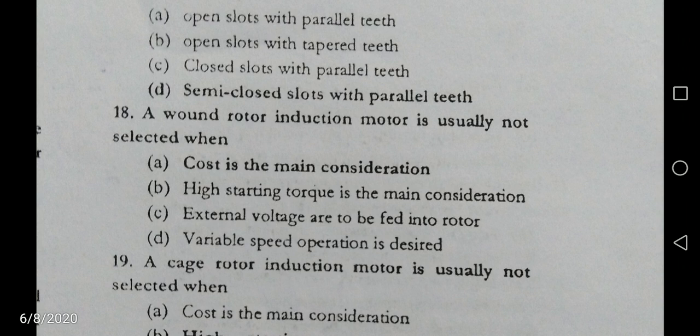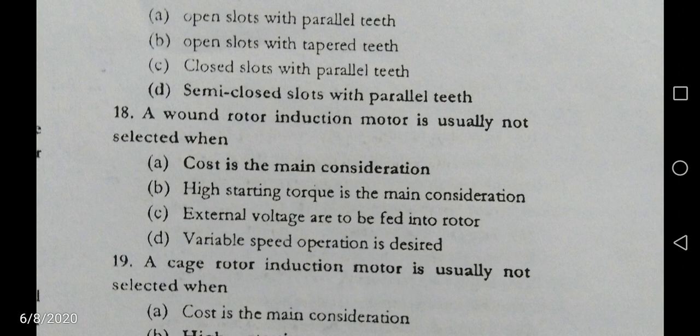If higher starting torque is required, then a wound rotor is selected, and external voltage is to be fed into the rotor, that means the EMF injection method. If EMF injection is required, then the wound rotor is best suitable.